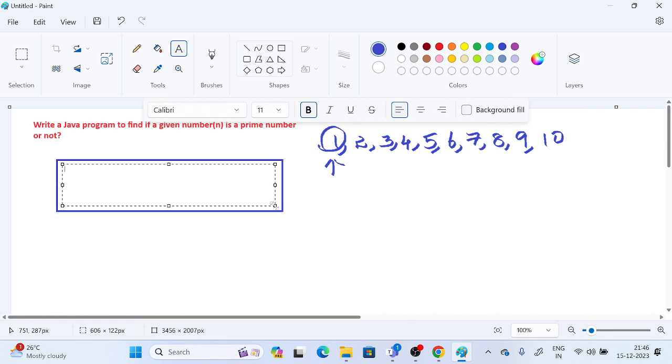One is neither a prime number nor a composite number.